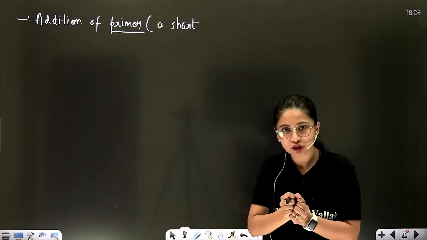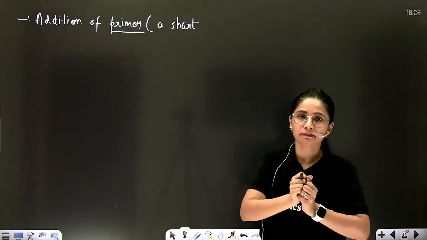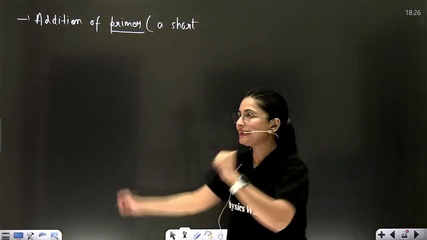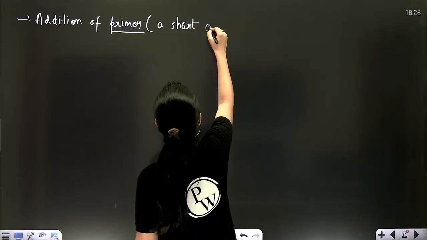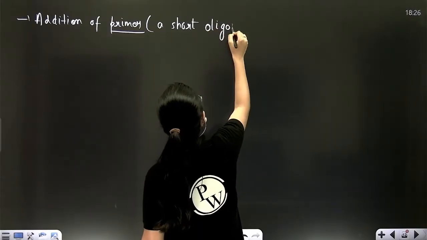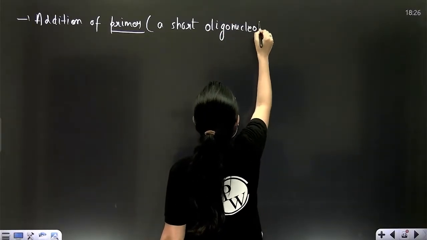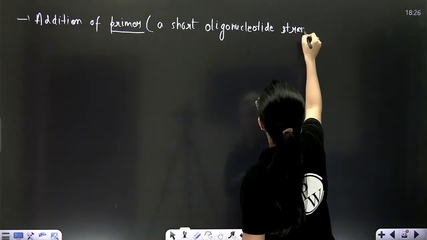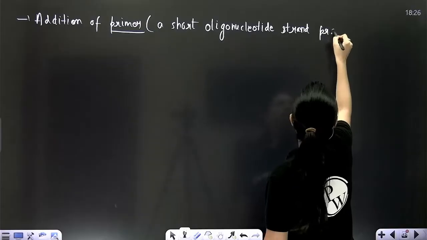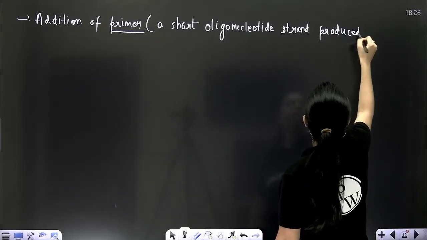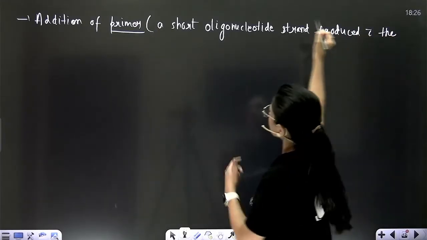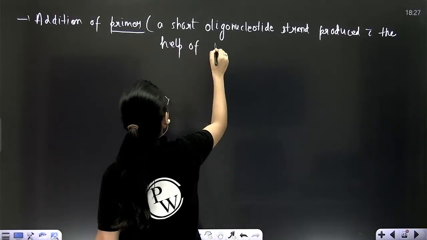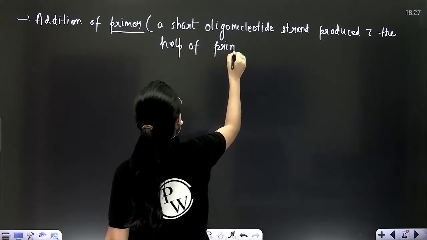They randomly join with the help of the enzyme primase to form a short polymer of nucleotide. So, primer is a short oligonucleotide strand produced with the help of enzyme primase.